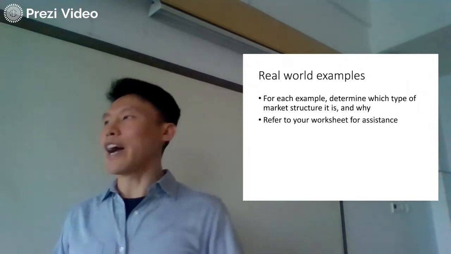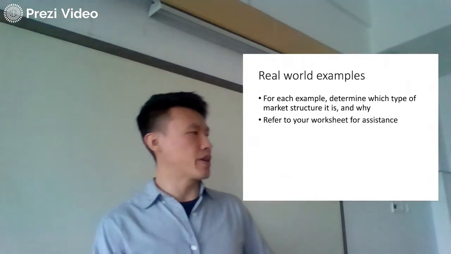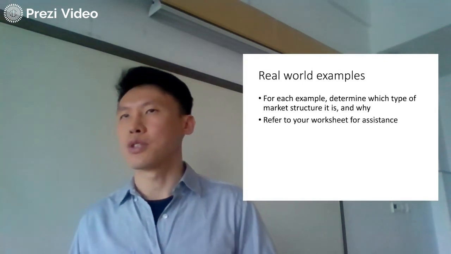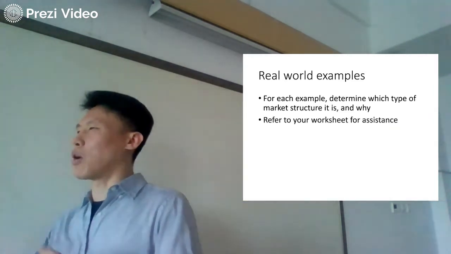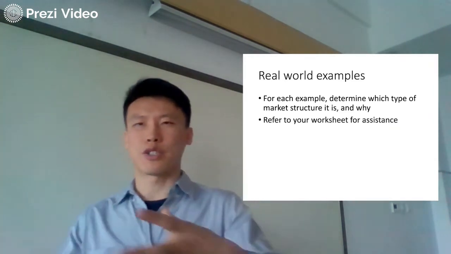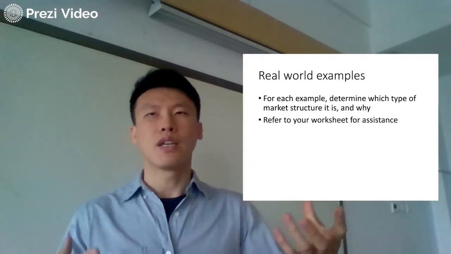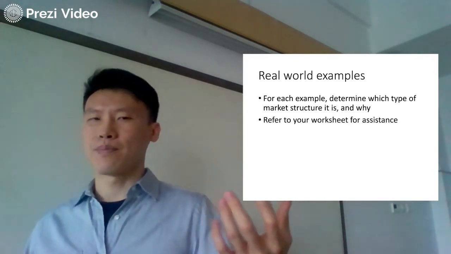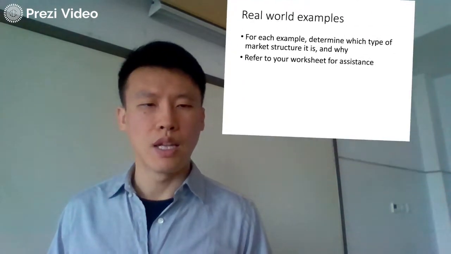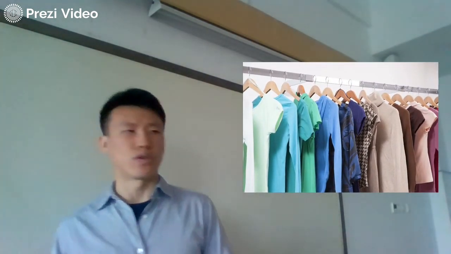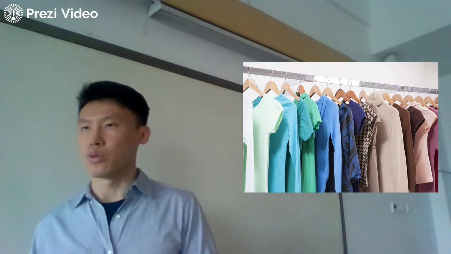Okay, so the last part of class, we're going to look at some real-world examples. All right, so I want you guys to think about which market structure do these products belong to, okay, and why. All right, if you need help, you can look at your worksheet. Let's look at the first example, clothes. Okay, clothes.